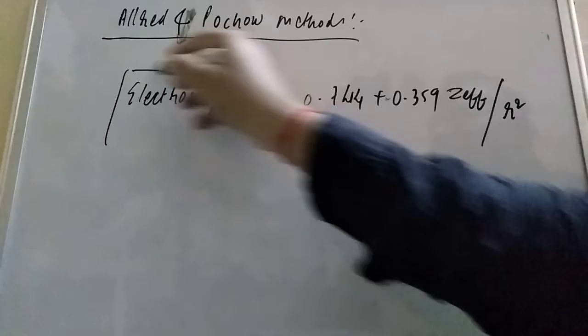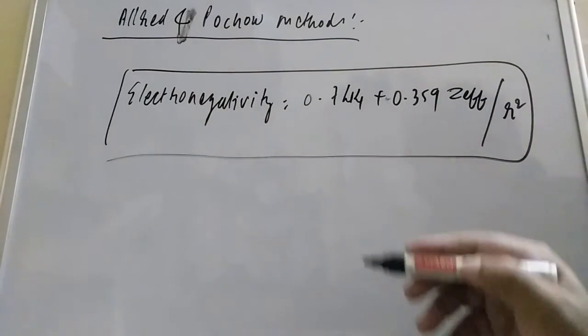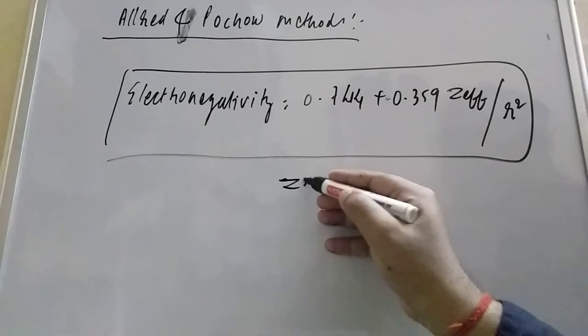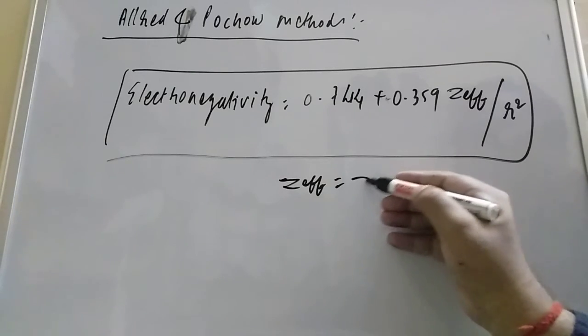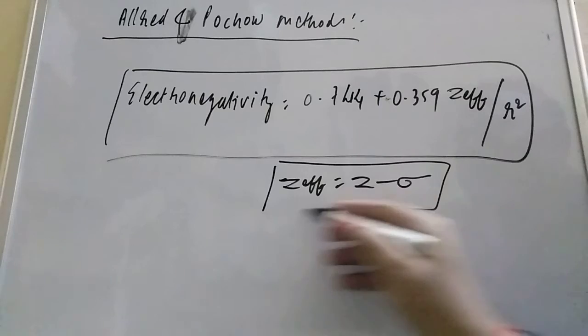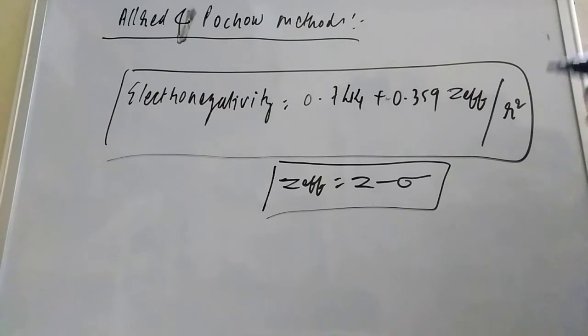This is what they have given, students: Z effective by R square. And Z effective, you know, is the nuclear charge Z minus the screening effect sigma. R square is the radius of the atom. So this is how we can calculate the electronegativity of atoms.